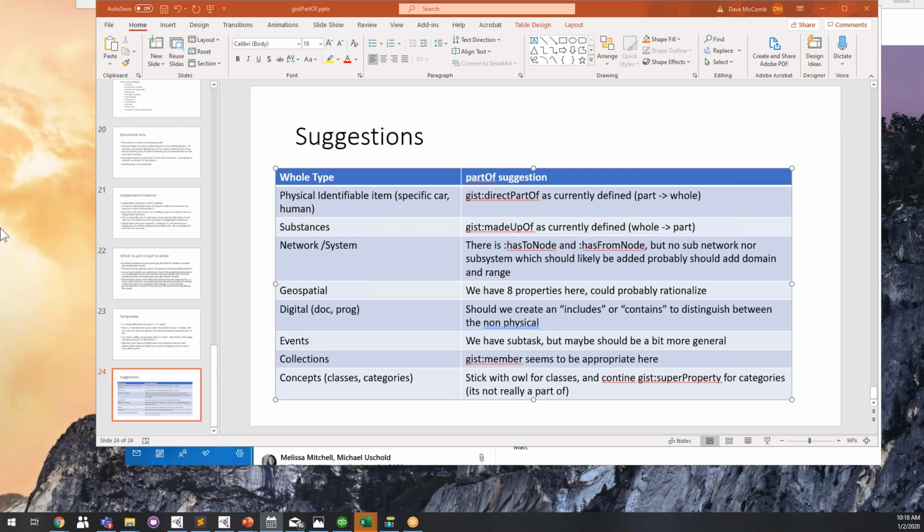Anyway, let's keep going. I have a hard stop in 10 minutes, but this is the last slide. When I look at this, probably not direct part of, but part of might be appropriate. We actually use has member with networks right now. Do we? I forgot if we use anything at all.